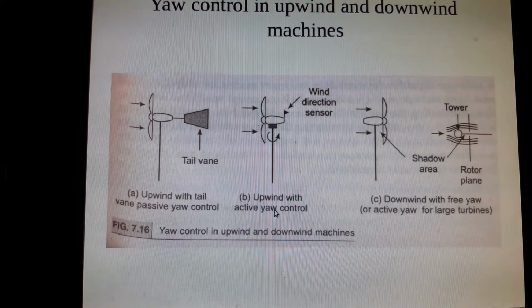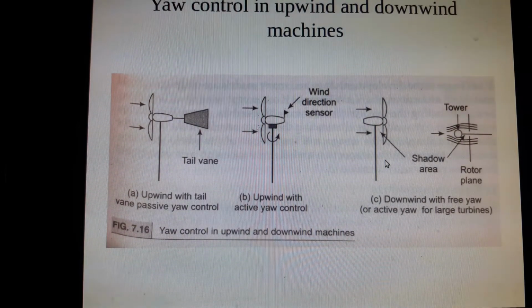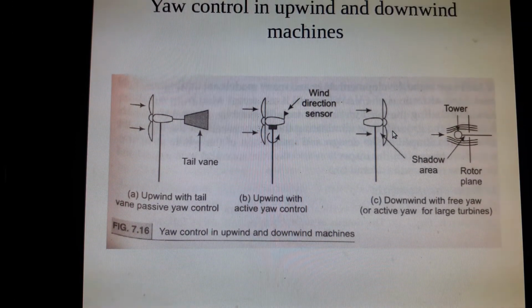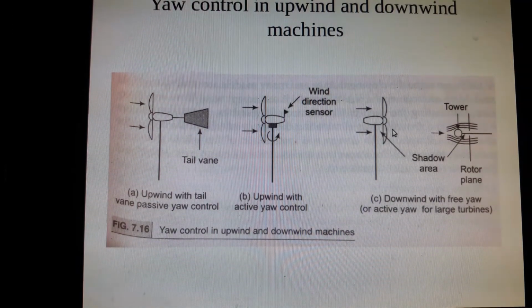So we call it upwind with active yaw control. And this example is about the downwind with free yaw. That means the moment the wind direction changes, the nacelle shall become parallel with the wind direction.